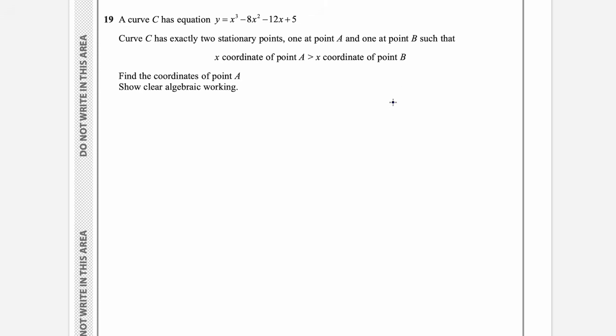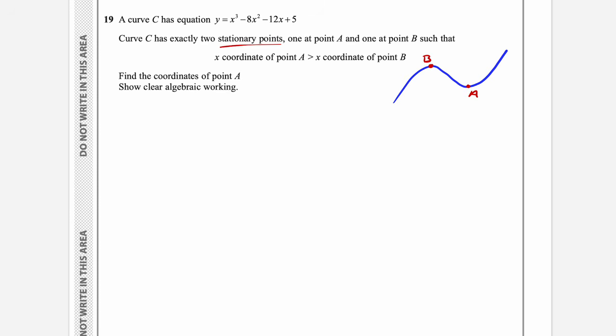It looks like this, and you're going to find two turning points when we get the derivative, because we're looking at stationary points. The derivative equals 0. So when we get the derivative equals 0, we're going to get these 2 points. And he just wants the one with the bigger x coordinate. So this is A and this is B, because he's saying the x coordinate of A is bigger than the x coordinate of B. So the x coordinate means it's further to the right if you were to graph it.